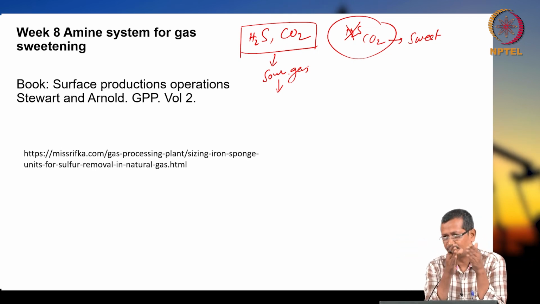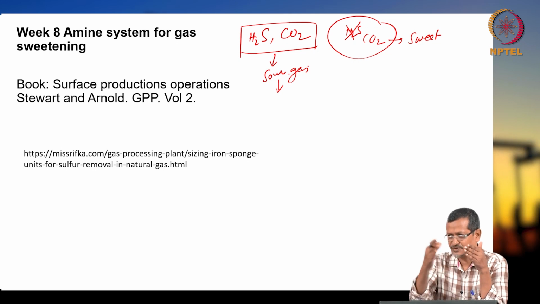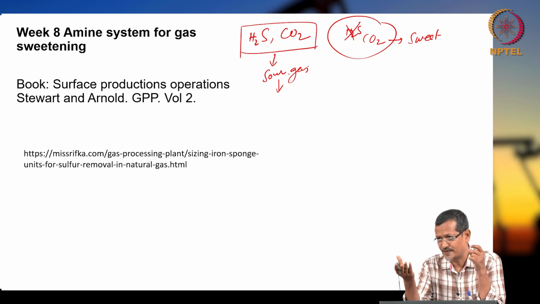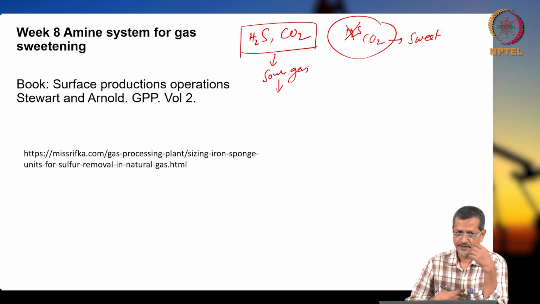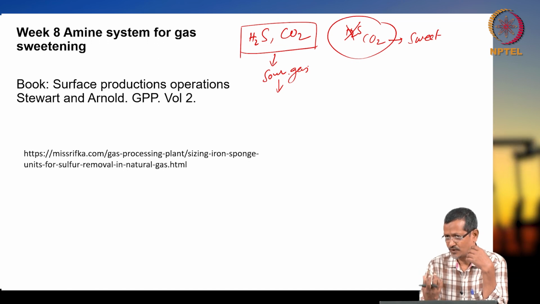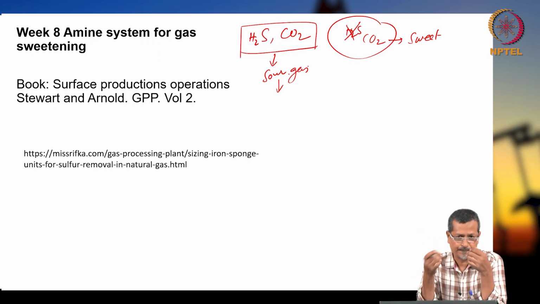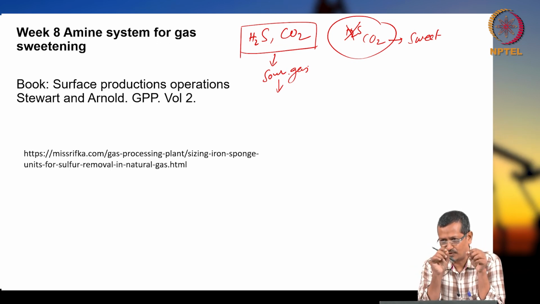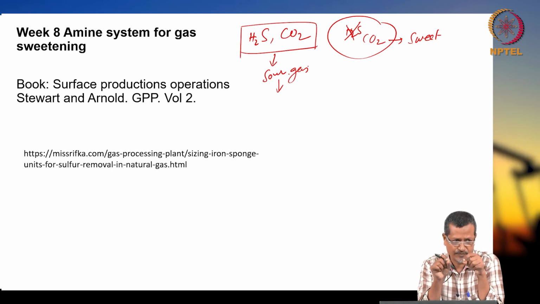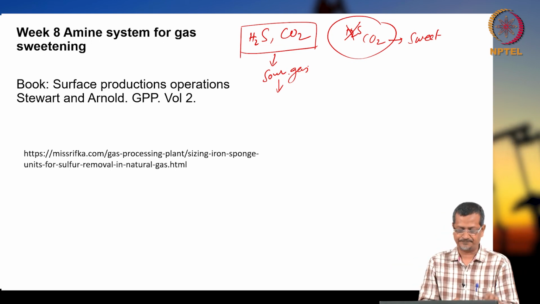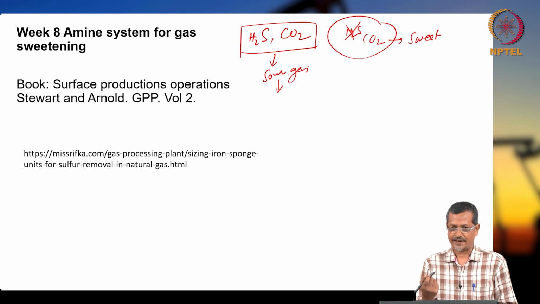If it gradually crosses 500, 700 ppm, then instant death is possible, because your breathing organs will be covered, lungs will not work, brain will not work, finally you will die. So if you have hydrogen sulfide in your gas, you have to remove it. Even if only traces are there, you still have to remove it, and if you have a higher amount, that can be a disaster. So how to separate amine?